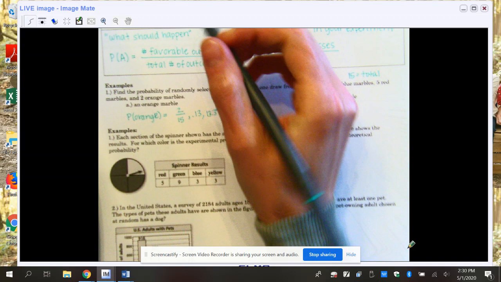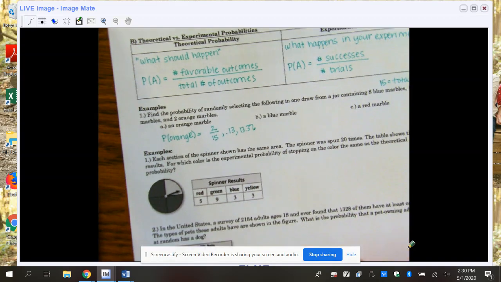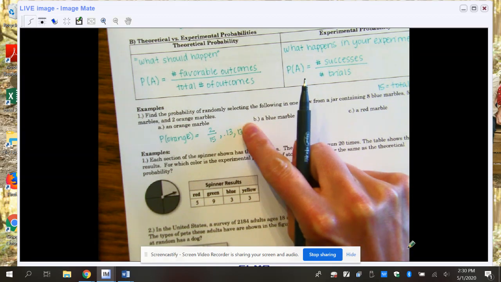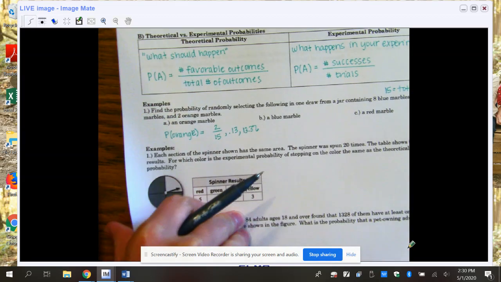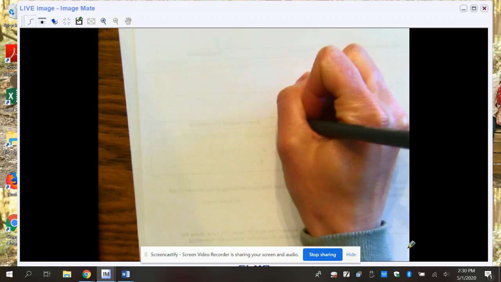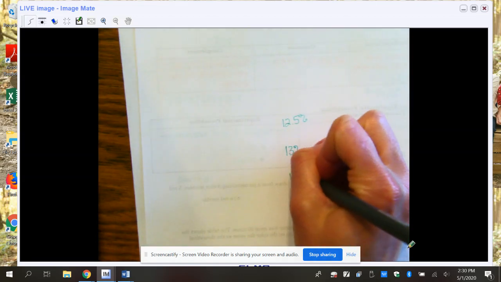Okay. The reason I always ask to move the decimal before you round it is because we want to make sure our probability is as accurate as possible. And so if you were to round your percent to just 13%, well, 12.5 technically rounds to 13, and 13.4 also technically rounds to 13.